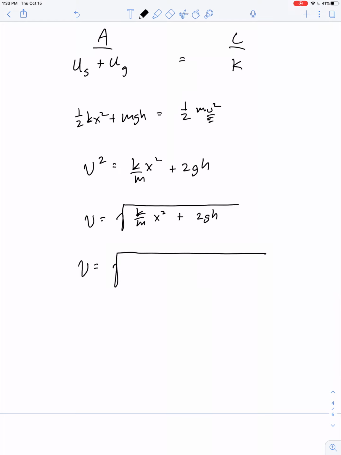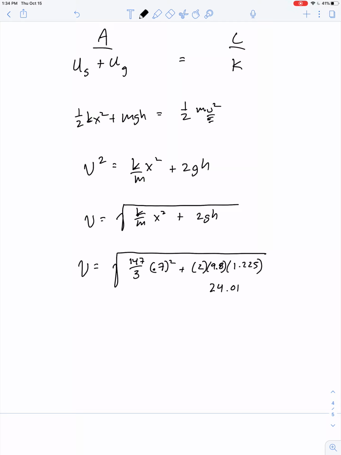Numerically speaking, this is 147 over 3 times 0.7 squared plus 2 times 9.8 times 1.225. All right, let's take it piece by piece. 2 times 9.8 times 1.225 gives us 24.01.